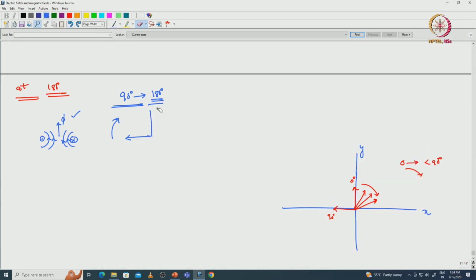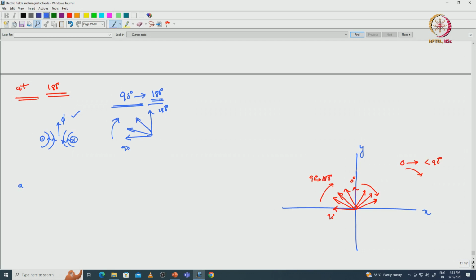So here flux is in the same direction at 180 degrees, this is at 90 degrees, the rotor is rotating in a clockwise direction, that means the flux vector also rotates in this manner. So in the resultant plot, if we plot, it will be in this manner, the flux vector from 90 to 180 degrees.